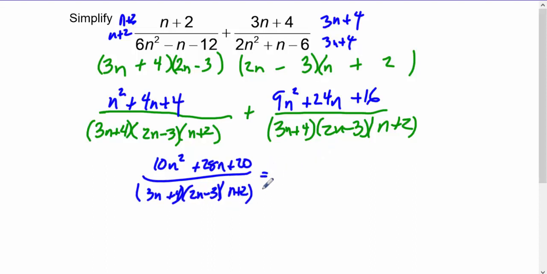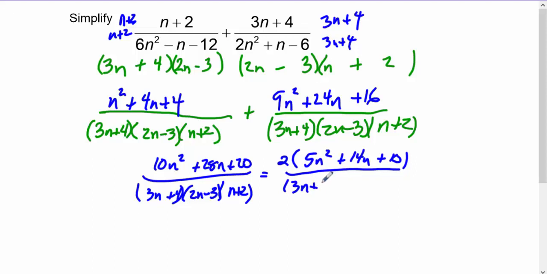I can factor, pulling out a 2, having 5n squared plus 14n plus 10. And then I would have to actually check to see if that second term in the numerator actually factors.